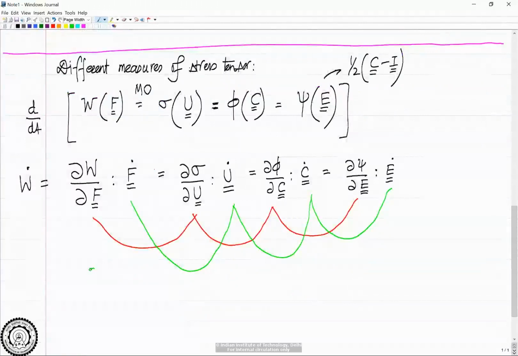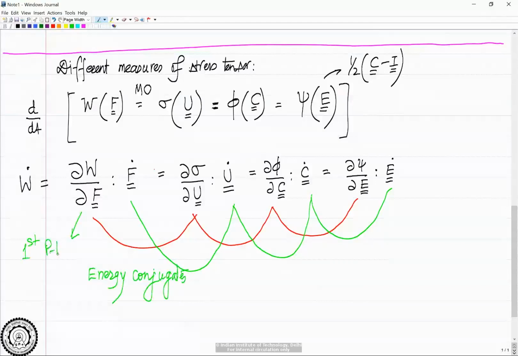And this, we all know, is the first PK, right?